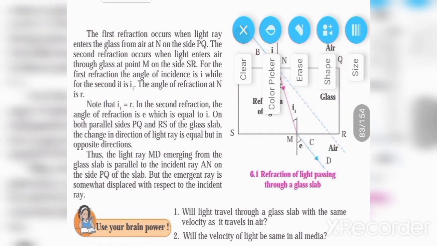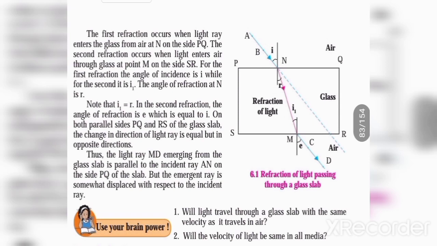Here it is also given that the second refraction occurs when the light emerges from the glass at point M on the side SR. For the first refraction the angle of incidence is I, while for the second it is I1.